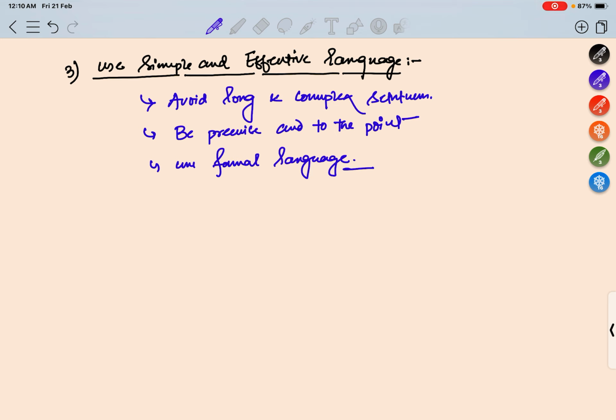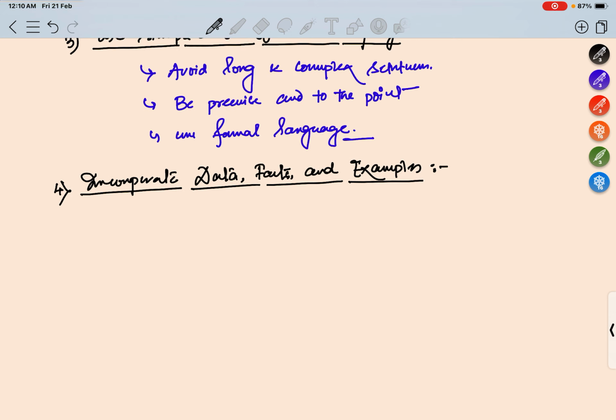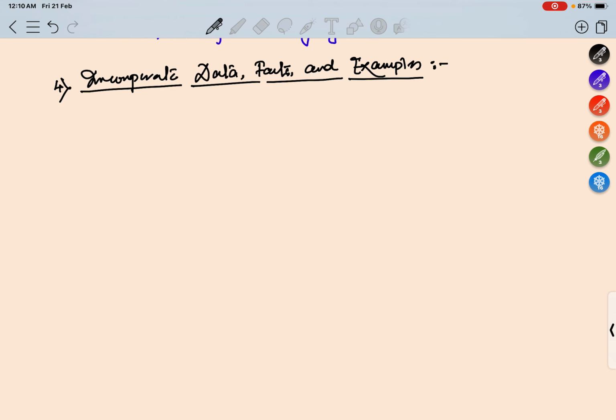The next point is very important, and you must have this in your answer: incorporate data, facts and examples. Now what does it mean? A good answer must have the backing of data, facts, examples or any case study.